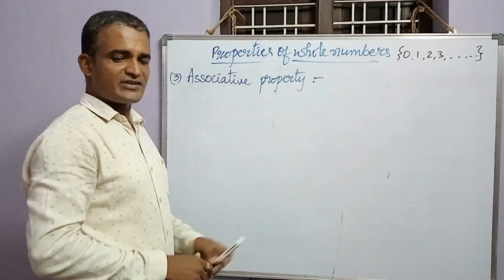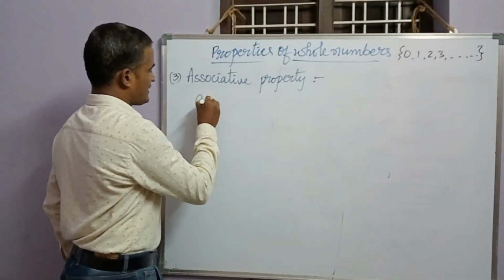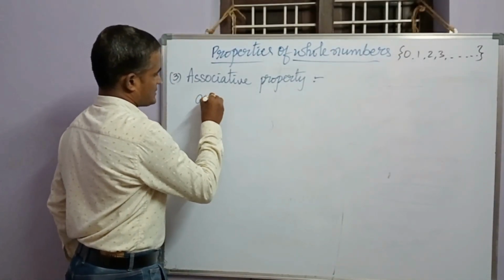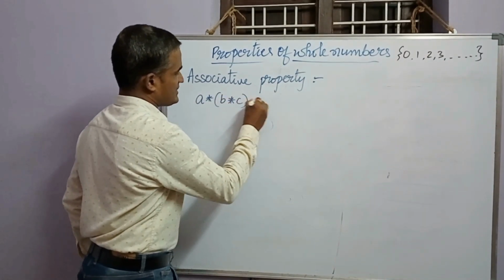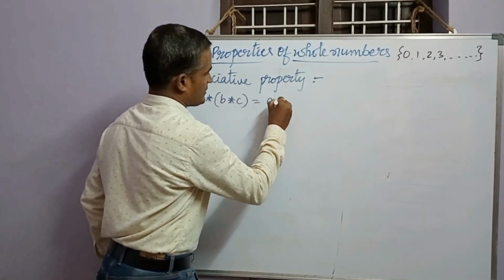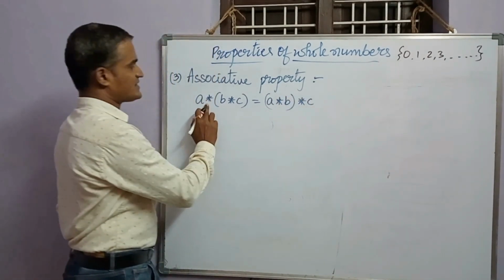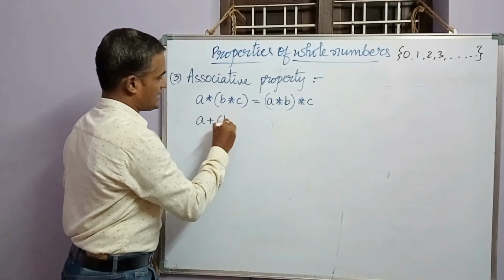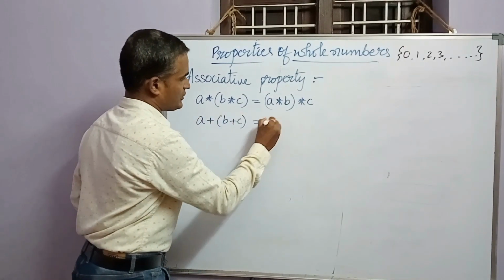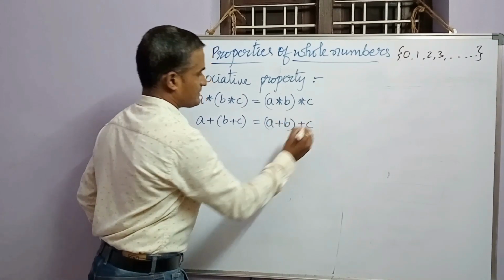This is written in the form (A * B) * C = A * (B * C). In place of the star, you can take a plus: (A + B) + C = A + (B + C).